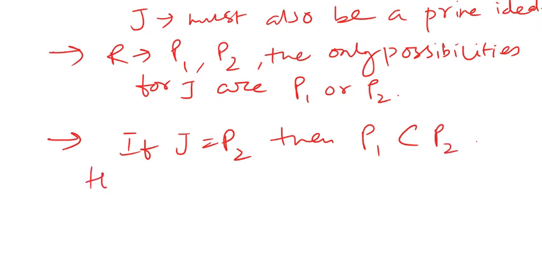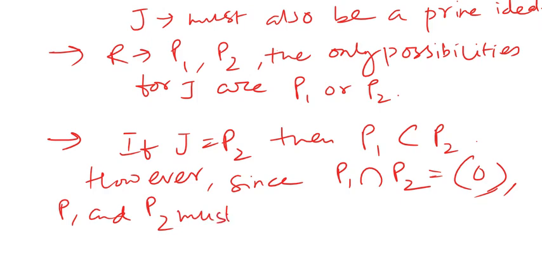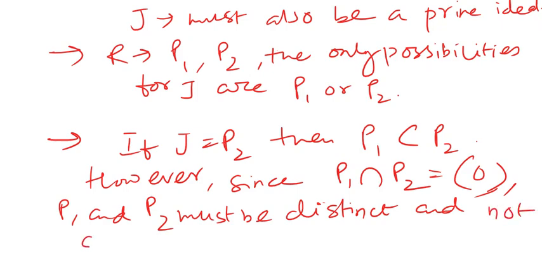However, since P1 intersection P2 equals 0, P1 and P2 must be distinct and not contained in each other.